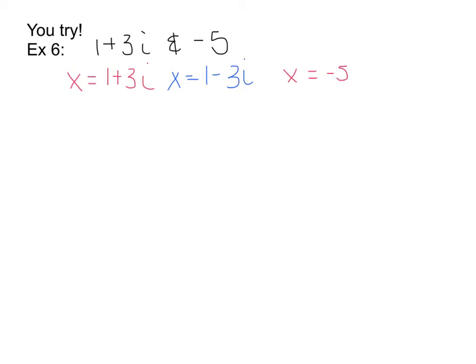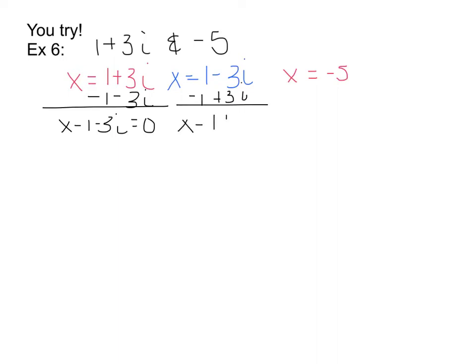Okay, bring them all to the same side with the x, so that way we can set it equal to 0. So subtract 1 and subtract 3i, and that gives me x minus 1 minus 3i equals 0. Subtract 1, add 3i, so that gives me x minus 1 plus 3i equals 0. Add 5, and you get x plus 5 equals 0. Put them all in parentheses, and we need to start FOILing.